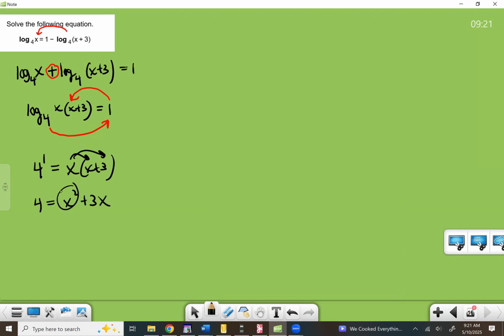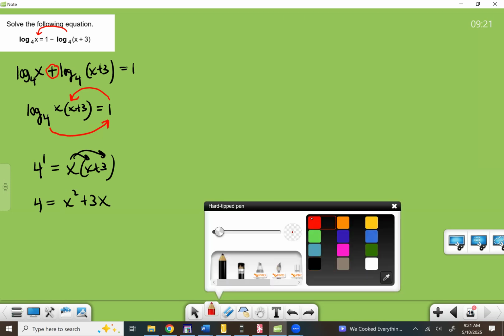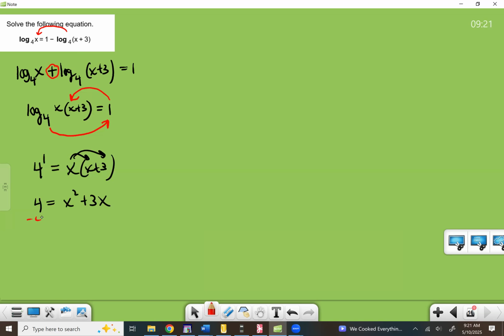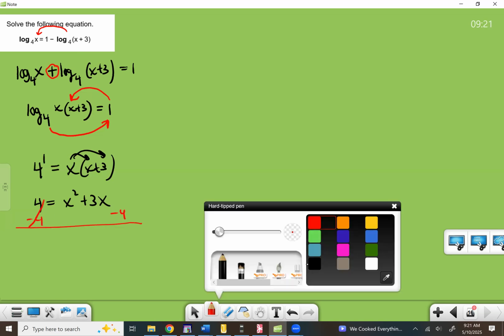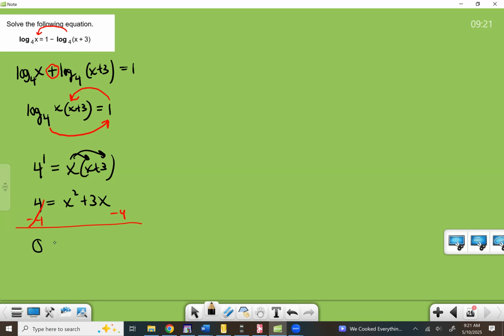Now, because we have a quadratic, and remember degree 2 or higher, you want to get everybody on one side most of the time. So I'm going to subtract this 4 from both sides, so that I get my equals 0 and have all terms on the same side of the equal sign. I'm going to factor, because there's no leading coefficient. That'll be a lot quicker than doing the quadratic formula.